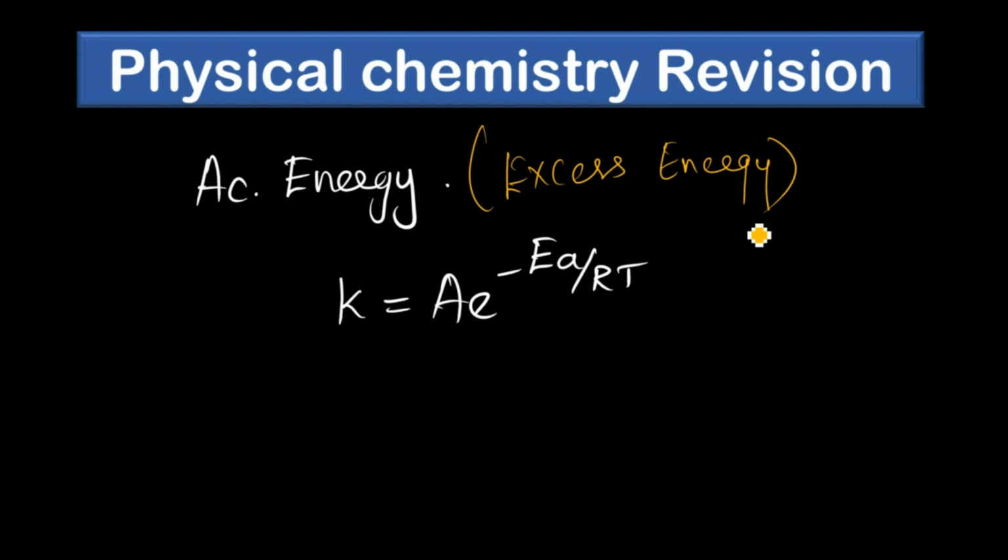So K is equal to A, E raised to the power of minus Ea by RT.